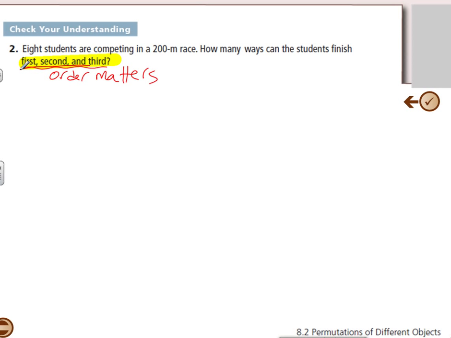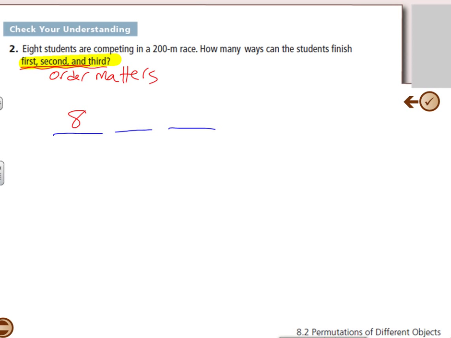So I've got 3 spots: first, second, and third. Let's do it with the fundamental counting principle first of all. How many different ways can people come in first? Well, there's 8 students. We're going to assume that each of them is equally likely to make it to that line. So there's 8 possible students that can get first place.